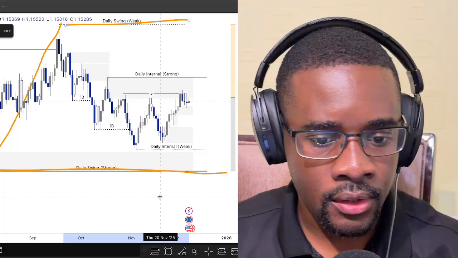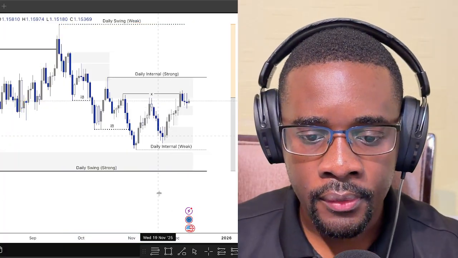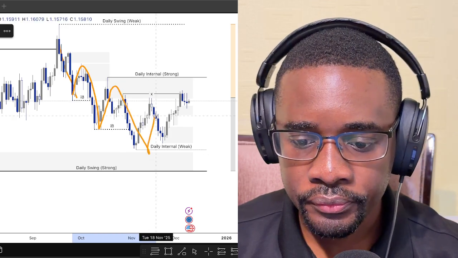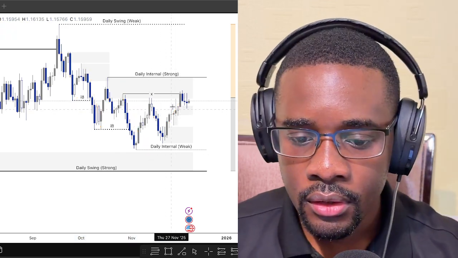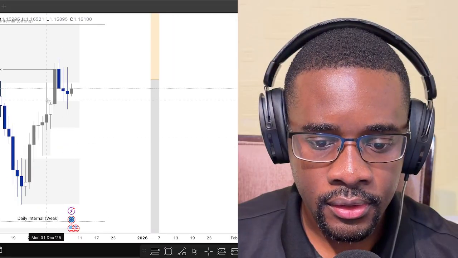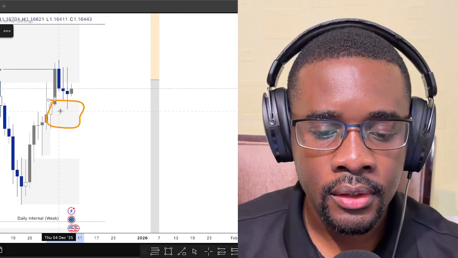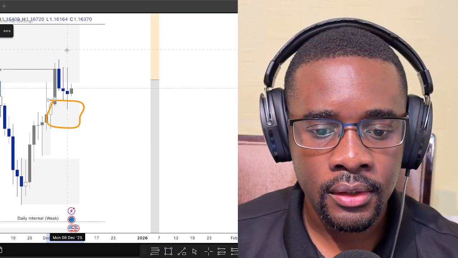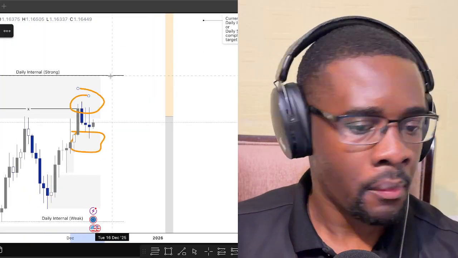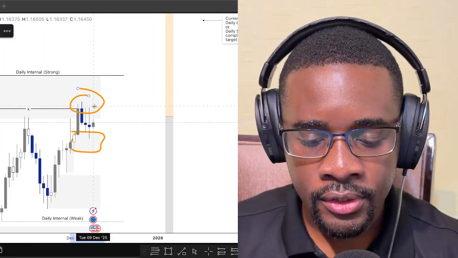It's clear that it is bullish, but our internal, as we've been saying, is bearish. So yesterday we were looking at this POI on the daily, and price was reacting from this supply area.